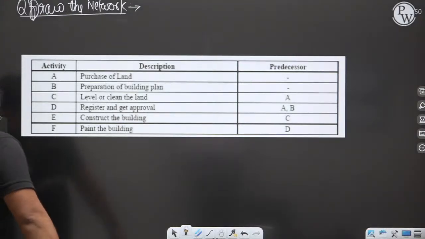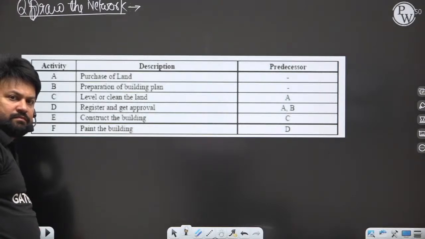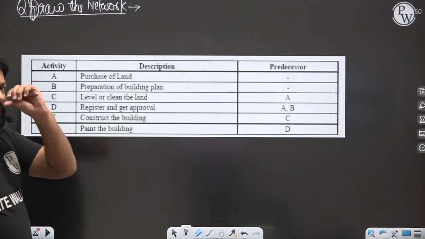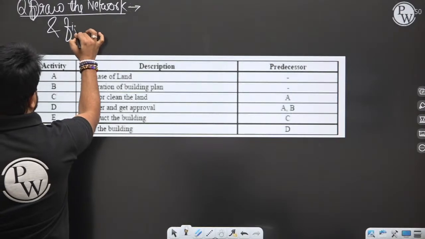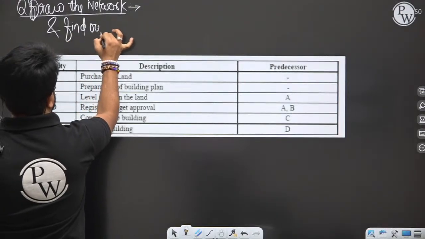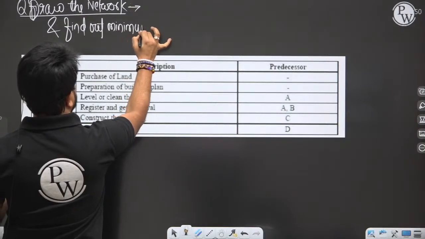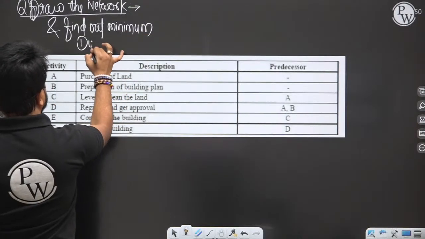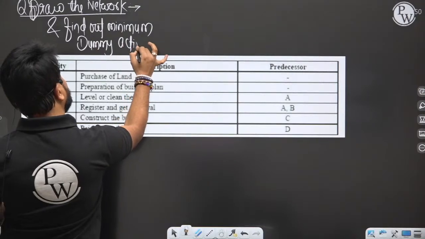Shall I draw the network? Draw the network and find out the minimum dummy activity.